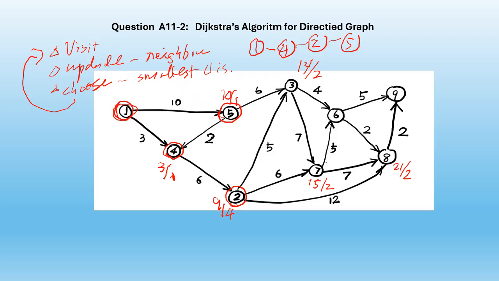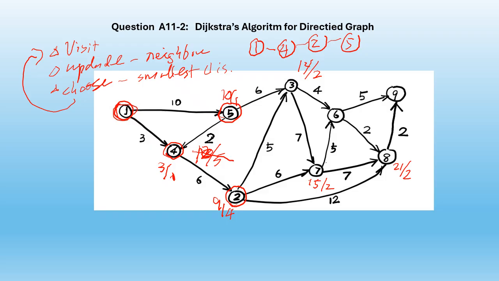So then you have 10 plus 2, you get 12, through 5. This is 12 through 5, but it will not update 4, because it still does not beat 3, so this is not used. But you explore this anyway.